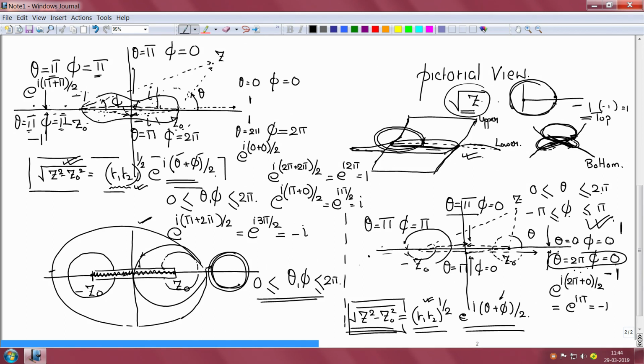What about below? Theta here is pi, but phi here is minus pi. So, above I get e to the power of i pi, and here I get e to the power i0. So, the function jumps here also.